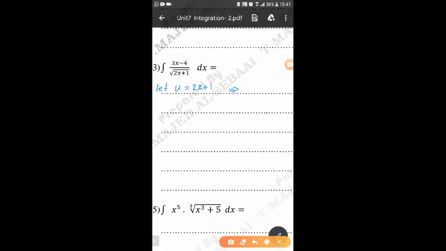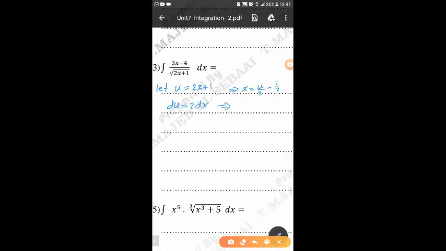X equals, what will it be? u over 2 minus 1 over 2, right? Yes. u equals 2x plus 1, so du equals 2 dx.